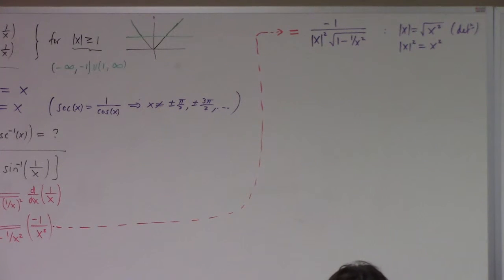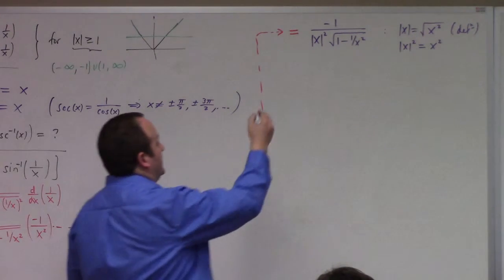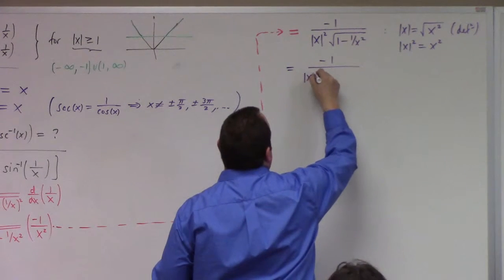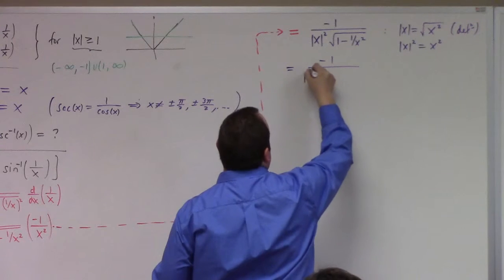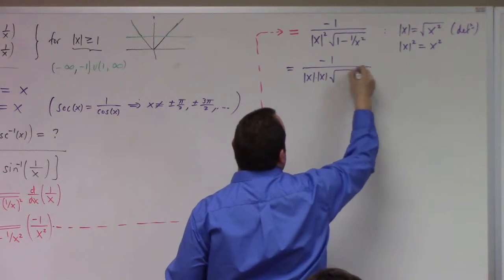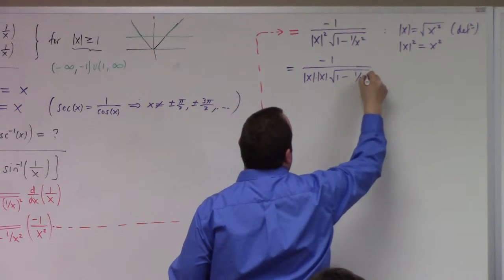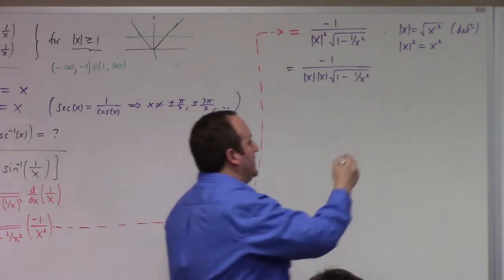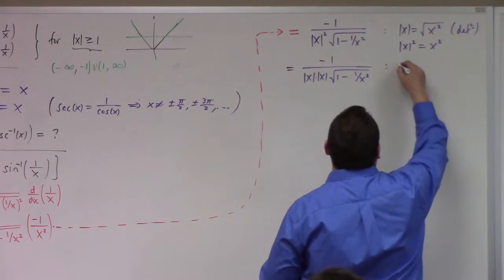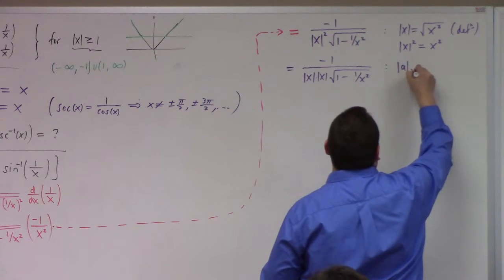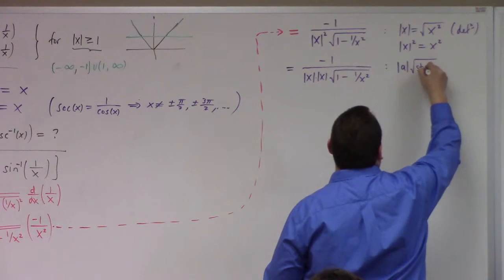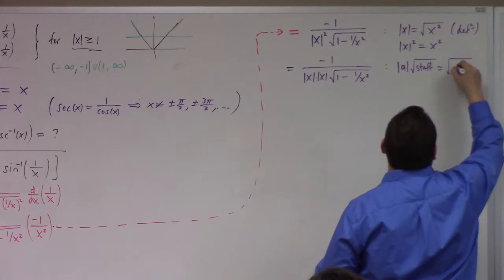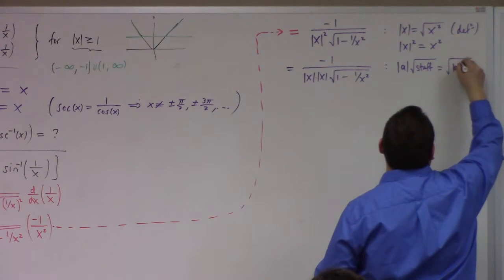Agree? All right. So I can rewrite this as minus 1 over absolute value of x times absolute value of x times the square root of 1 minus 1 over x squared. The reason I'm doing that is because I want to remind you of a little identity: if I have the absolute value of a times the square root of stuff, then that's the square root of absolute value of a squared times stuff.